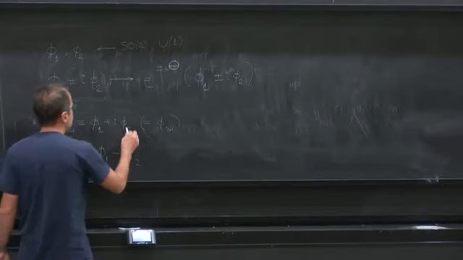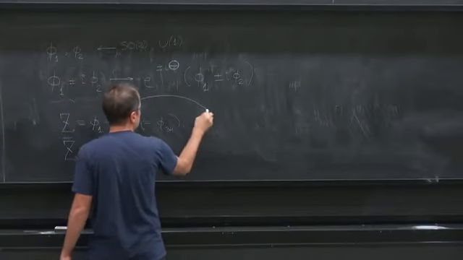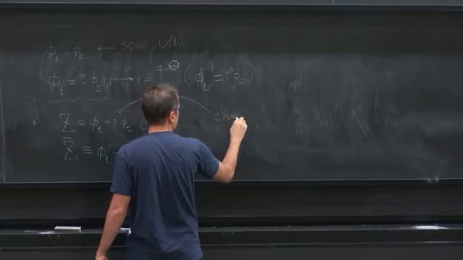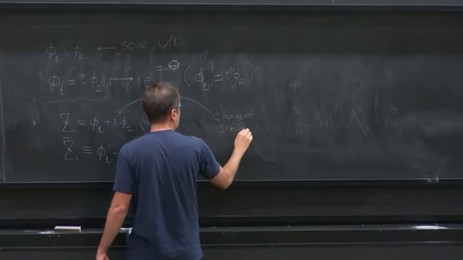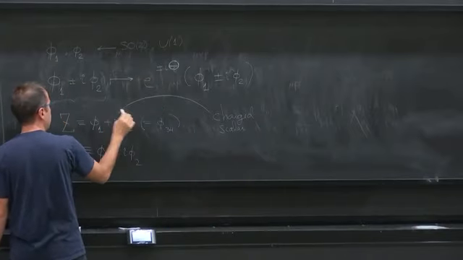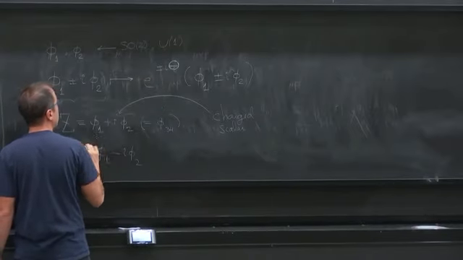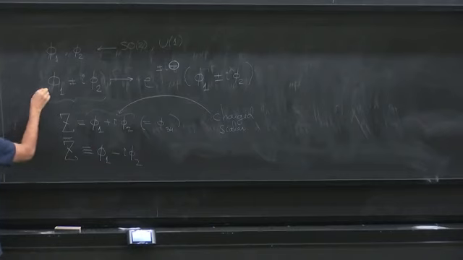Then we would say that this object is a charged scalar, whereas each of the phi was neutral.